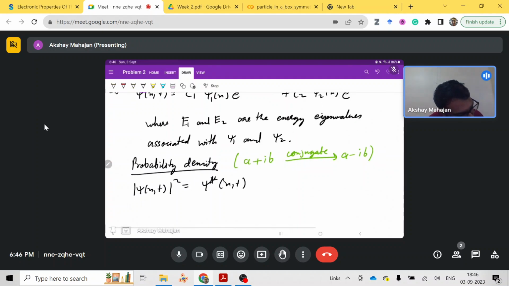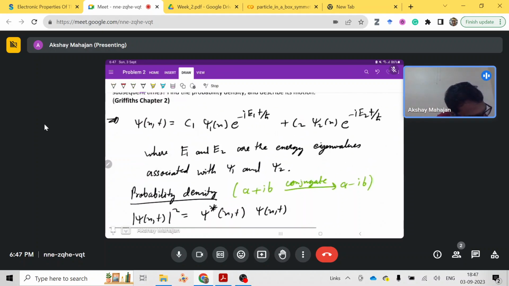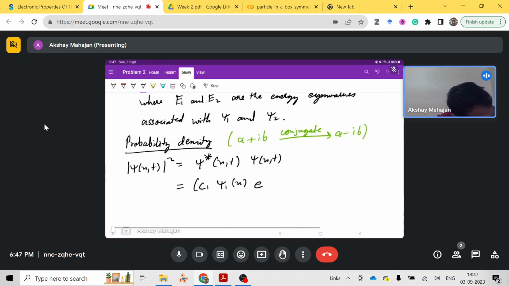I will represent the conjugate by a star on psi, so psi star of x comma t times psi of x comma t. That gives us c1 times psi 1, where c1 and psi 1 are real, so their complex conjugates do not change, but minus iota will become plus iota: e to the power iota E1 t by h cross, plus c2 psi 2.